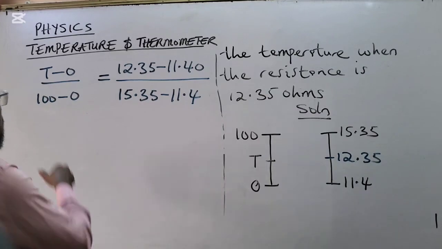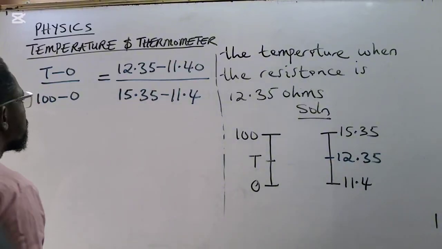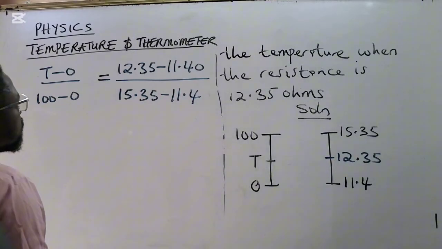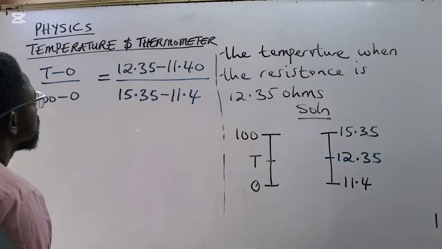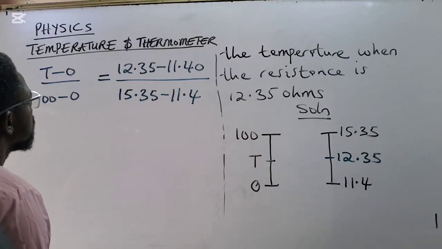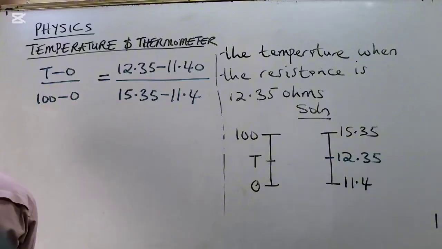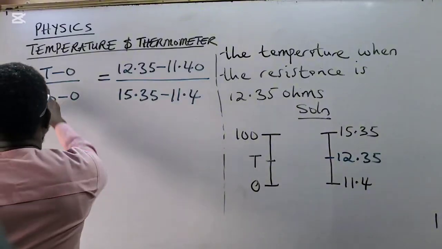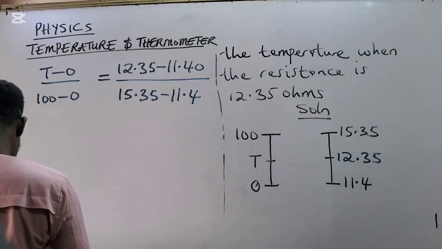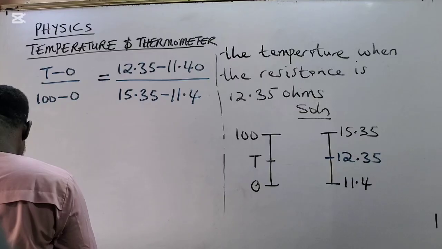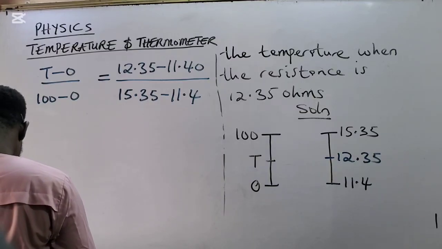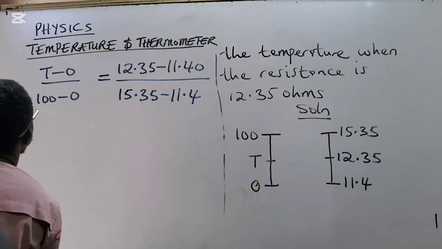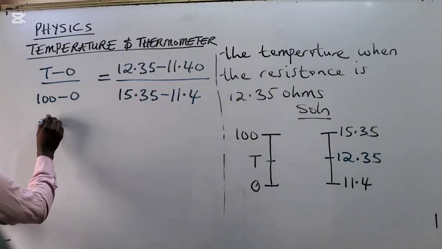So now, this first part will give me 0, so we'll get T over 100.